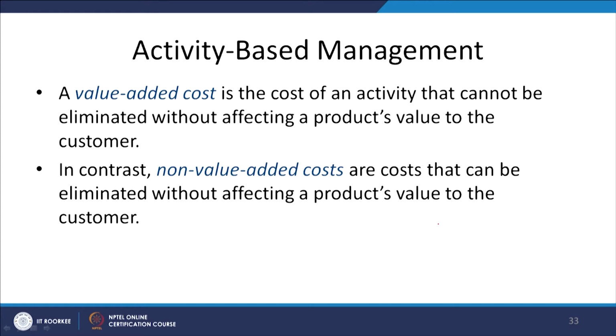In contrast, non value added costs are costs that can be eliminated without affecting a product's value to the customers. You are manufacturing the black pen and the blue pen, and the total overheads consumed by these products are much less because the volume of production is very high. So, why not eliminate that extra cost which you incur because of the red pen and add to the black pen?